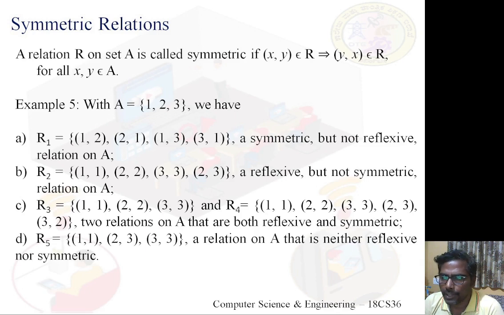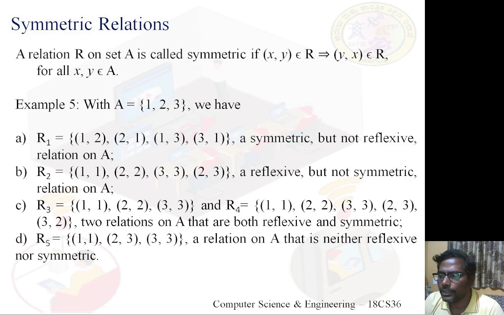A relation R on set A is called symmetric if x comma y belongs to R implies that y comma x should also belong to R, for all x comma y that belong to A. I repeat, if an ordered pair x comma y exists in relation R, then y comma x should also belong to R.